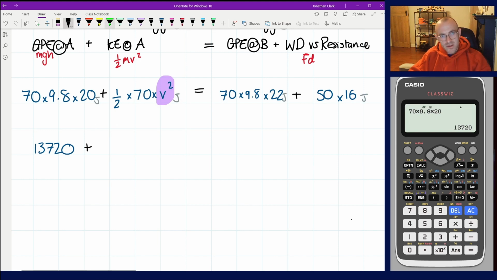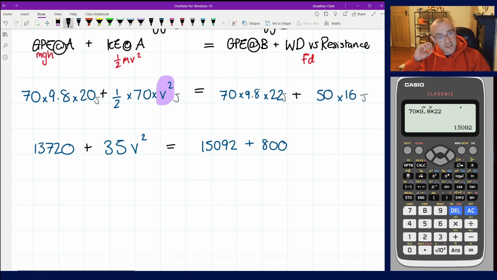Write that one down. This is going to be 35 V squared. I'm going to change this 20 to a 22. All right, let's try and get V to be the subject of the formula. So let's take this number over to the right-hand side.